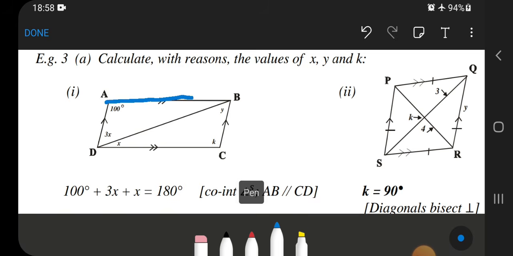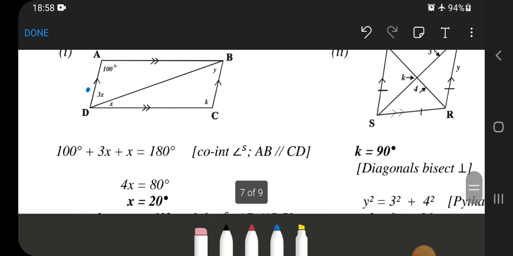You see, you also have this 3x and this y. Those are some of the things that you have to see, guys.